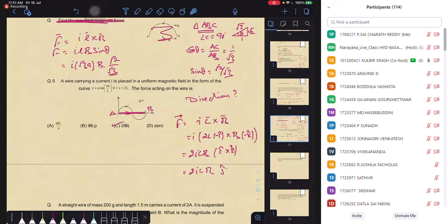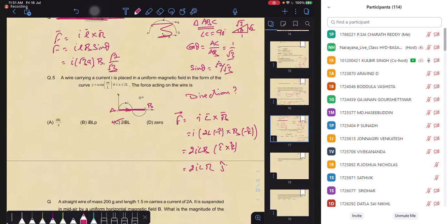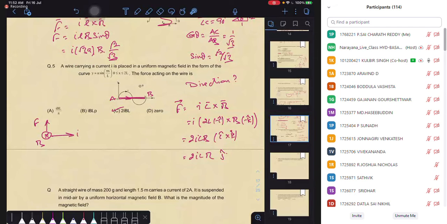If you rotate the fingers from the x direction inward, with current in my x direction and magnetic field inward, your fingers will go down and the thumb will come out. So from the right hand thumb rule, you're getting the direction of force along the y direction only.